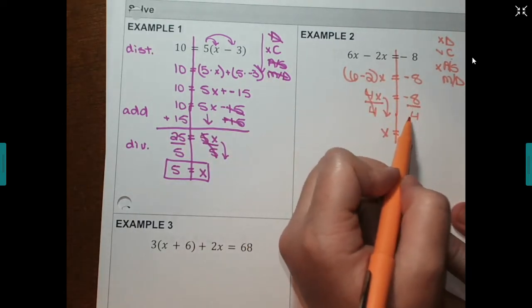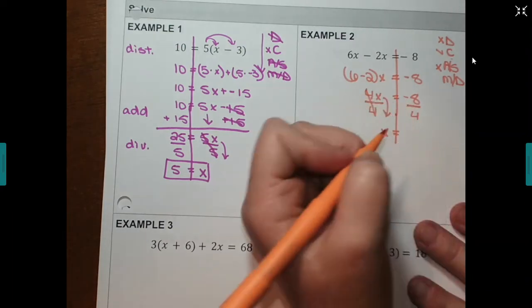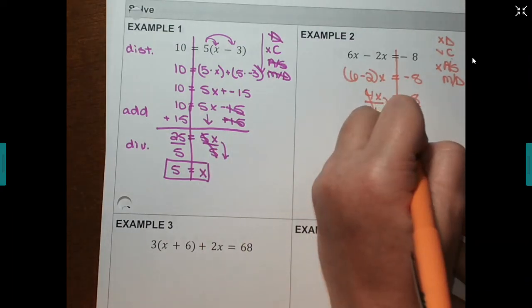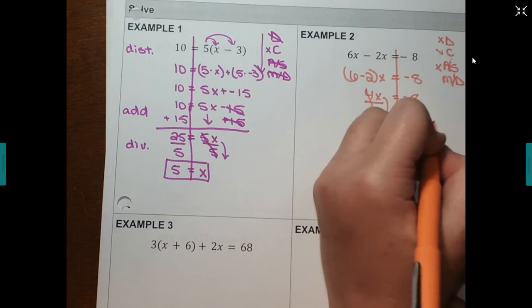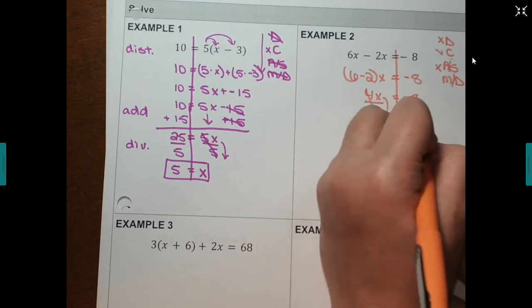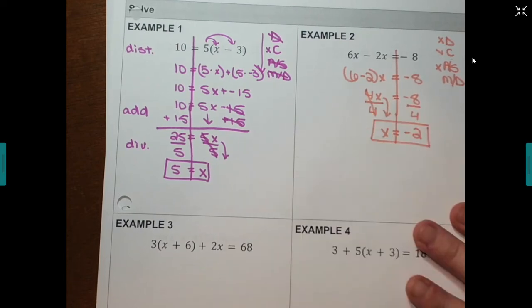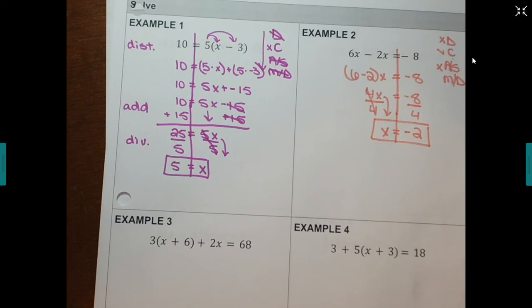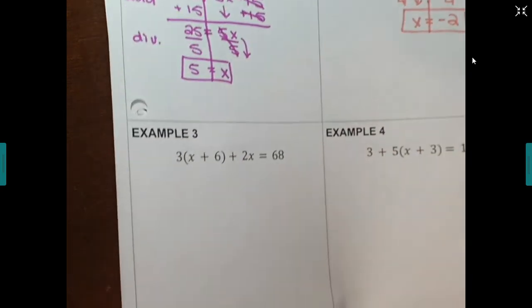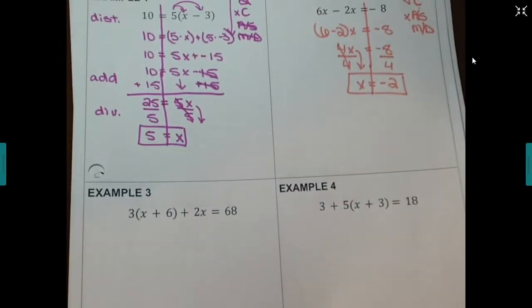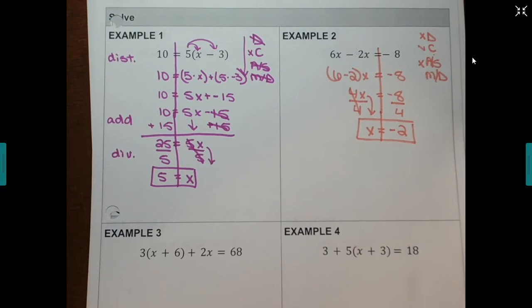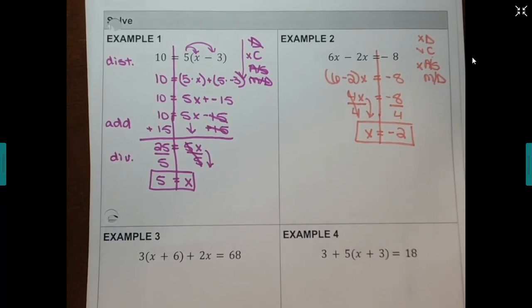I have a negative divided by a positive, so those are different signs. I know my answer is going to be negative. 8 divided by 4 is 2. x equals -2. Go ahead and pause there if you need to get caught up.